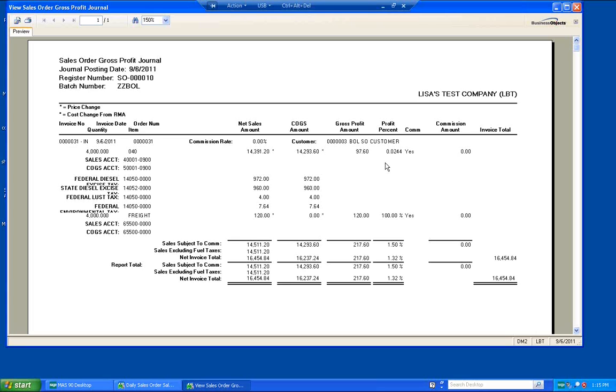If your users don't look at anything else, they need to be reviewing this journal very, very carefully. And this is where our friend finally figures out that the price he put in is not getting the margin that he's expecting.